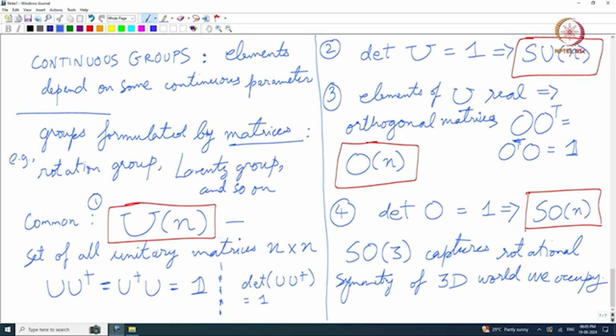right. So, we saw electromagnetism, Newton's potential and so on, they all enjoy rotational symmetry, right, in 3 dimensions. So, if you were to represent this with matrix operators, then you will take elements from the SO(3) group, okay, that is what it means.